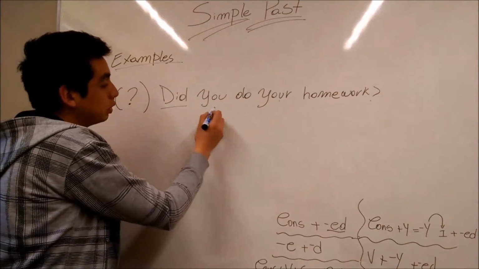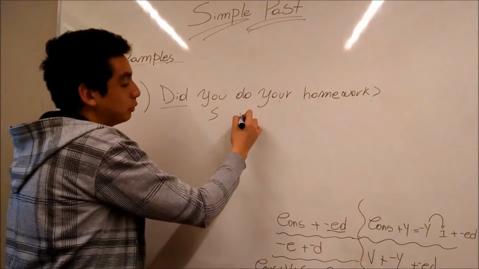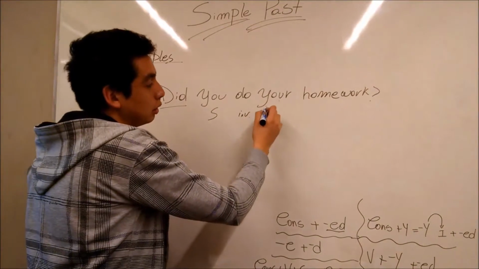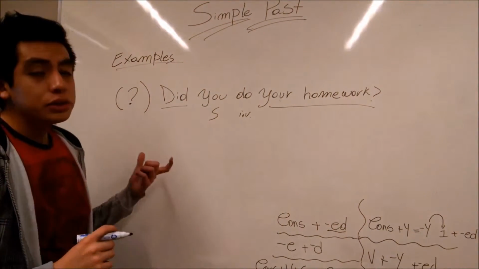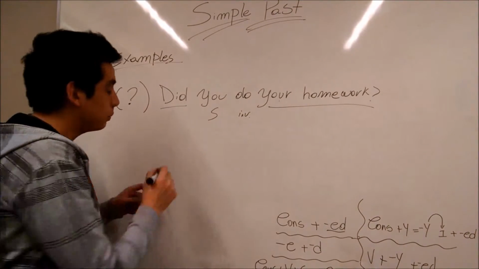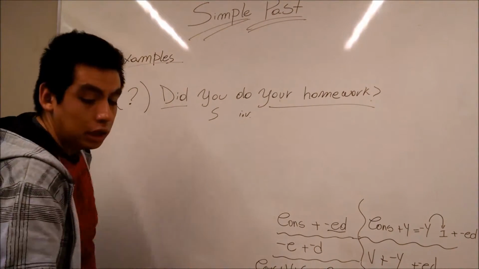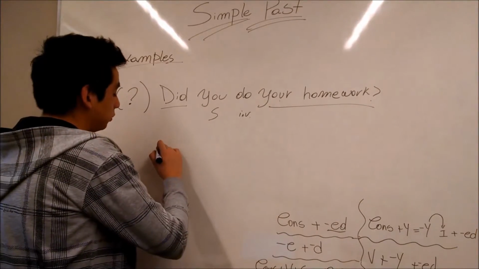We have our auxiliary verb, our subject, our infinitive verb, and then our complement. We can also use a WH question. In this case, we're gonna use what, for example.